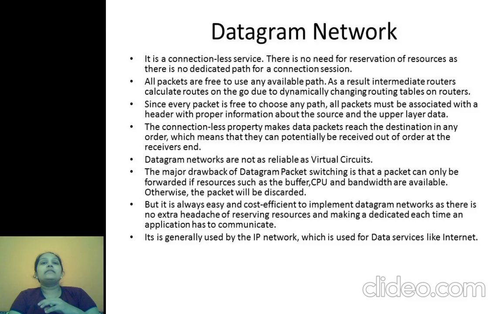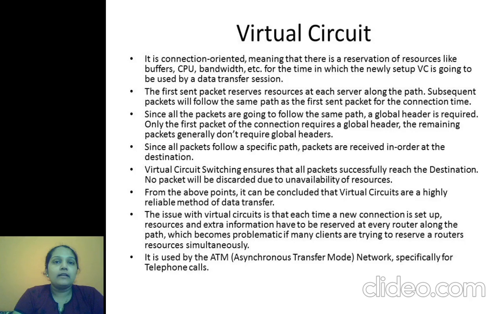Virtual circuit is more reliable than datagram, because in the virtual circuit we have a proper circuitry or path to follow, and in the datagram we do not have that path. Our data can move freely in the datagram service.